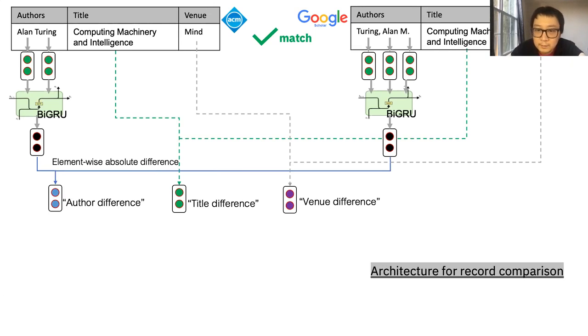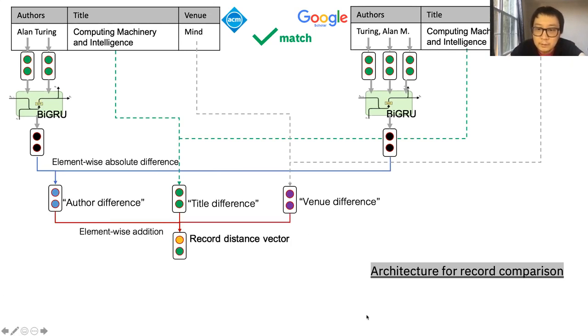Then we compute the element-wise addition of the three vectors to get a single vector, which we call the record distance vector. Intuitively, this record distance vector represents the total distance between the two records.